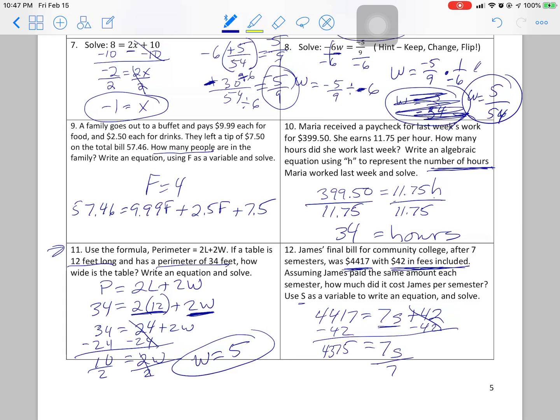And then to get the S alone, we're going to divide by 7. So 4,375 divided by 7 is 625. S is 625. Okay, you can go backwards on that. 7 times 625 plus 42 gives you that other. Alrighty, hold on.